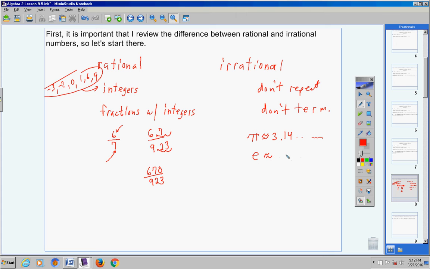It goes on and it never repeats. Now 1/3 goes on, right? But it repeats. Okay, that's why 1/3 is rational. Irrational numbers don't repeat and they don't terminate. Got it?